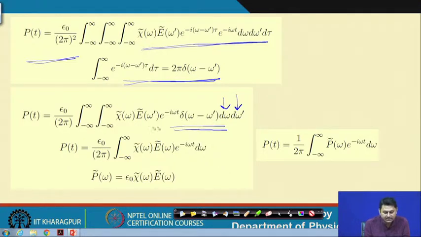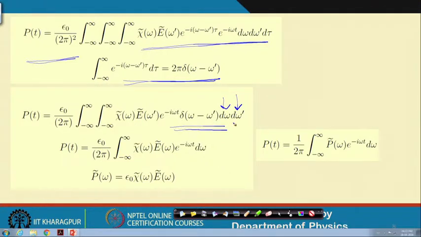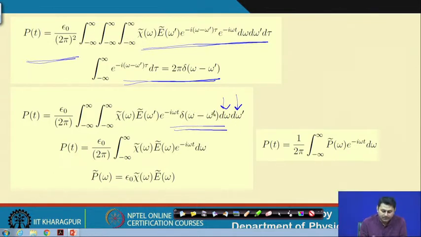Now, if I integrate over d omega prime, this delta function makes the system such that only when omega is equal to omega prime it contributes.